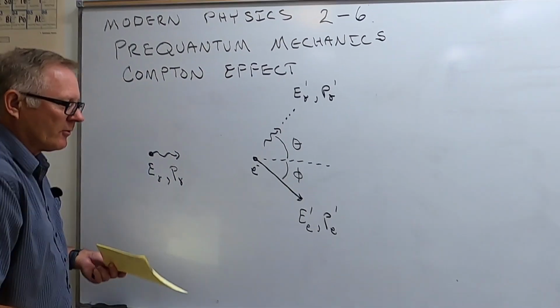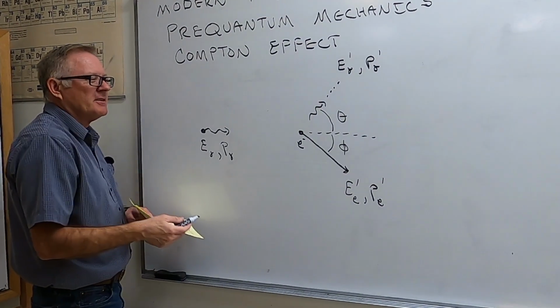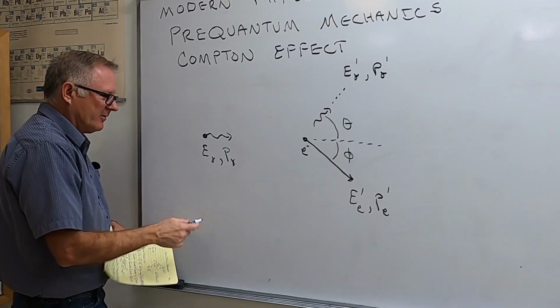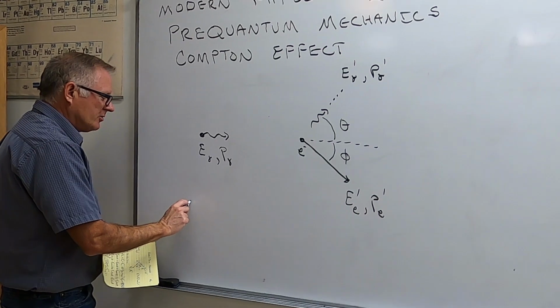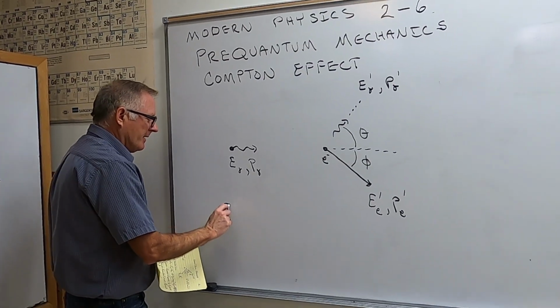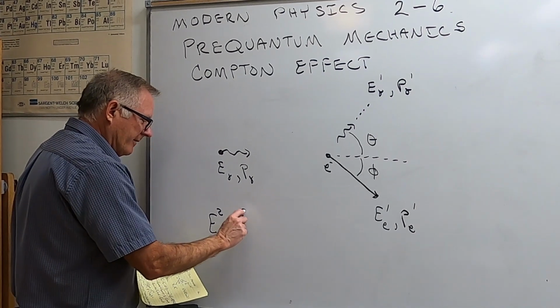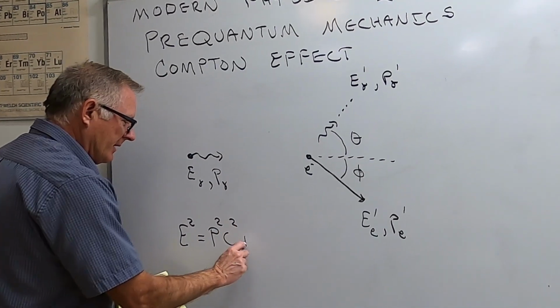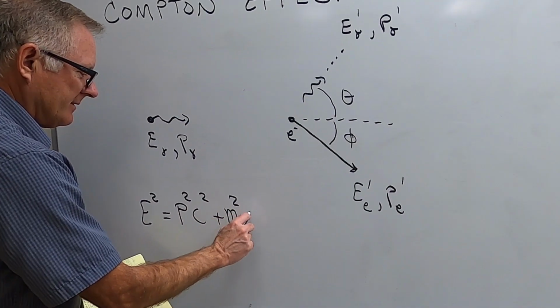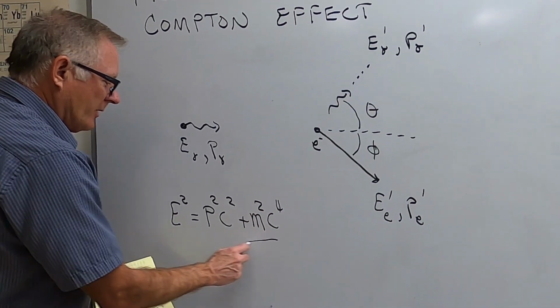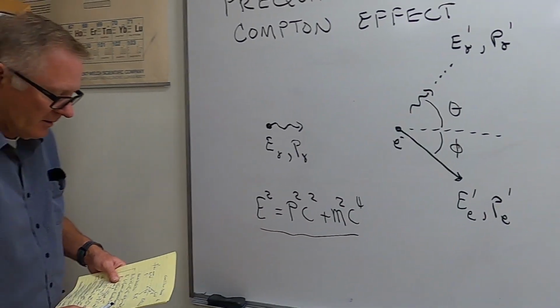And remember, we have a relationship. This is high enough energy that we are using relativistic equations. So we know that E squared is equal to P squared C squared plus M squared C to the fourth. So we can use that equation.